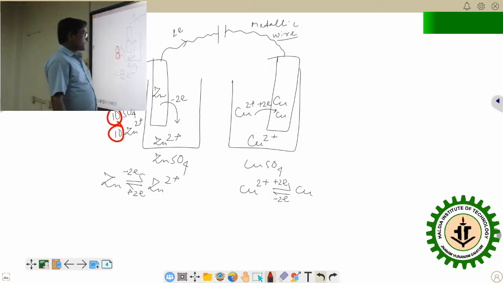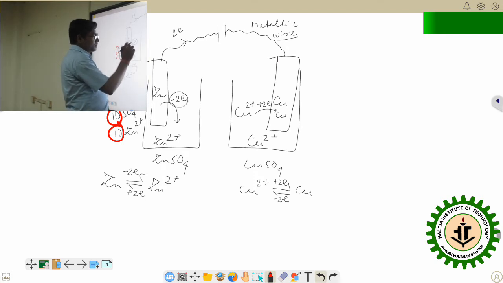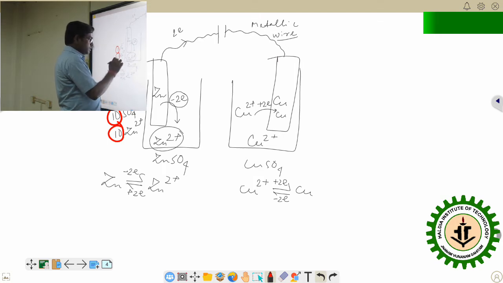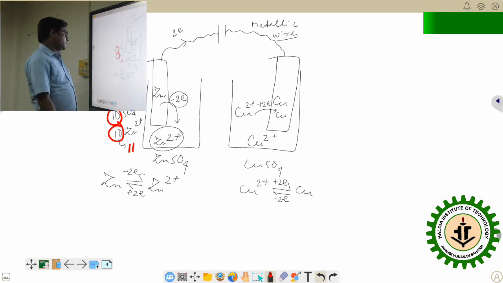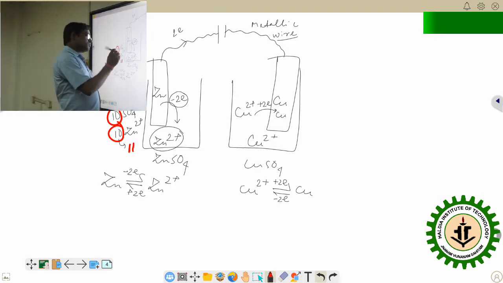But when zinc, losing 2 electrons, comes into the solution as Zn2+, there will be 11 Zn2+ instead of 10. Why? Because from the surface of the zinc rod, one zinc atom, losing 2 electrons, comes as Zn2+. That's why the number of Zn2+ ions in the solution increases to 11.